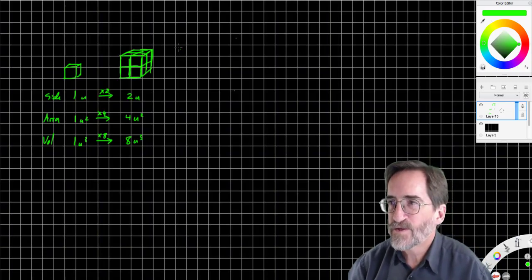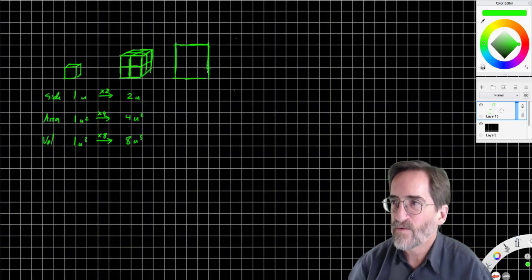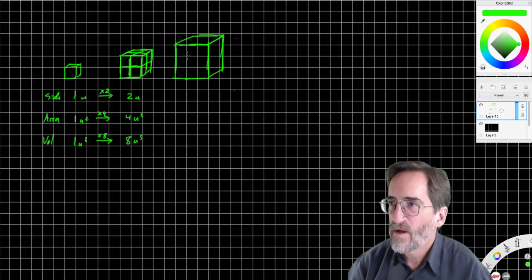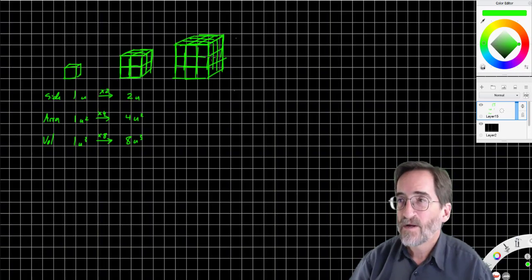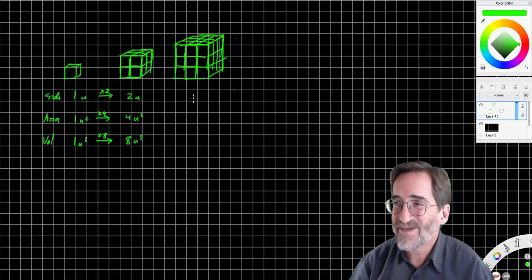Let's triple it. Let's draw a cube that is 3 by 3 by 3. You can see hopefully that by multiplying the side length by 3, we multiply the area by 9. And we multiply the volume, if you can count the cubes that make this, 3 times 3 times 3, or 27.